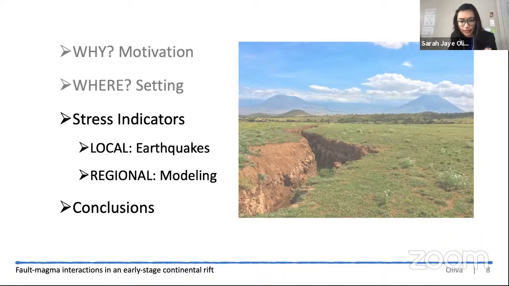And then the question about the magma chamber: it's most probably mush, and we don't really have a lot of constraints on the composition and the state of the magma chamber. In my case, in the modeling, I treated the inflated magma chamber.